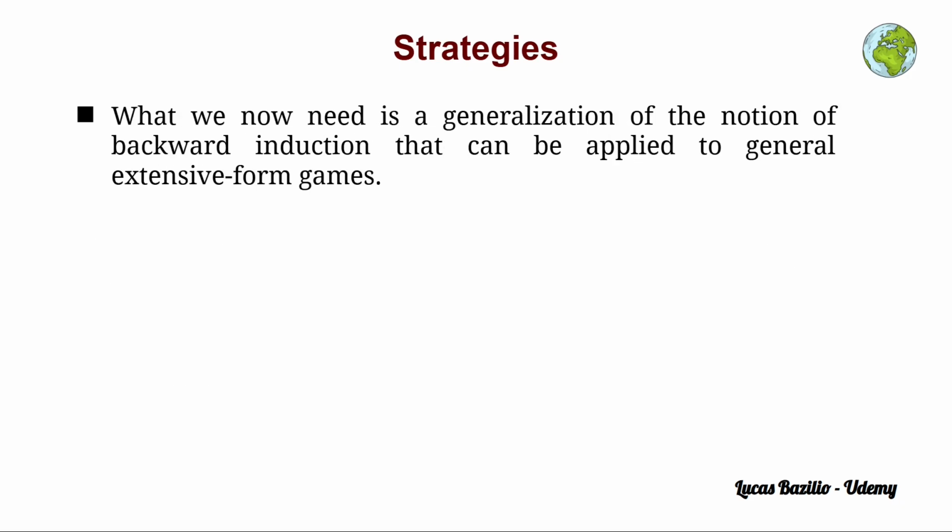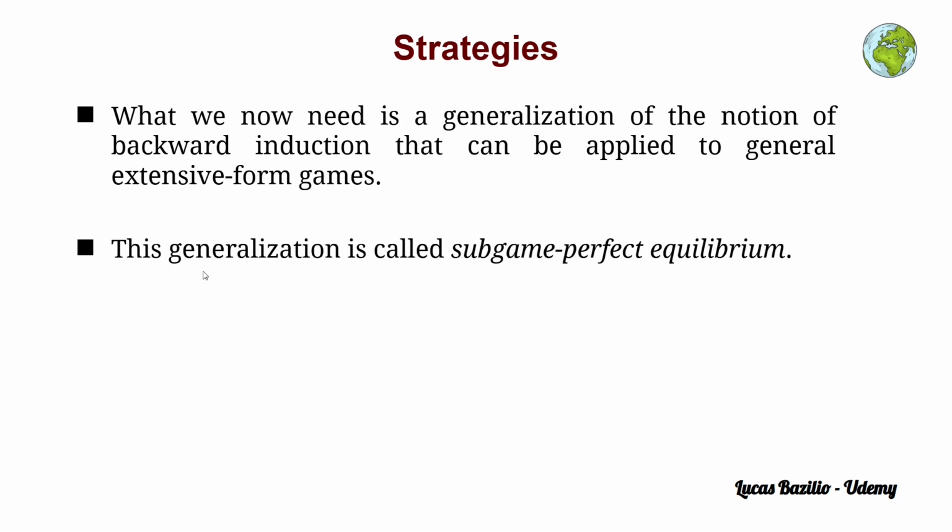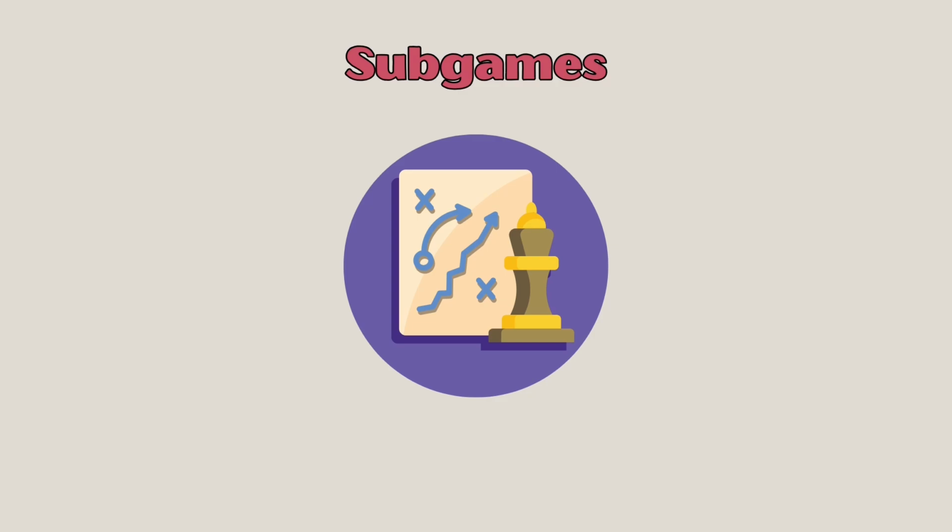So what we now need is a generalization of the notion of backward induction that can be applied to general extensive form games. This generalization is called subgame perfect equilibrium. However, to introduce it properly, we must first define what a subgame is. And so this is what we are going to do in the following lecture.